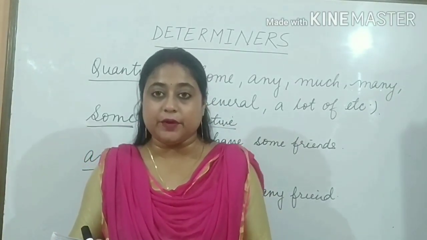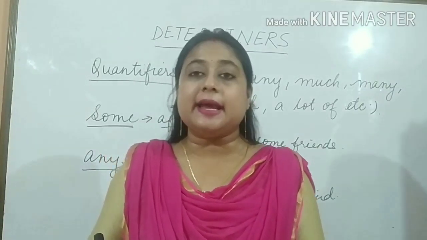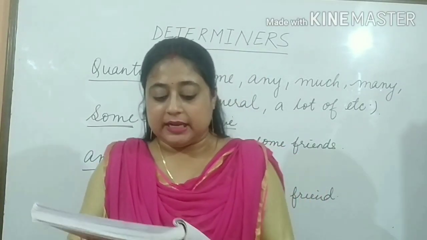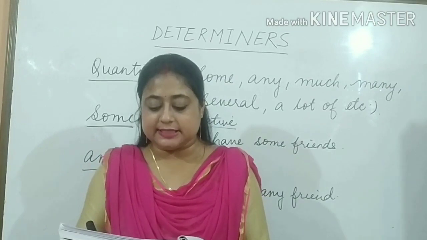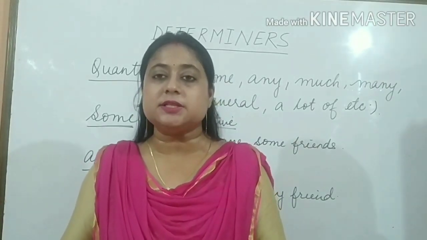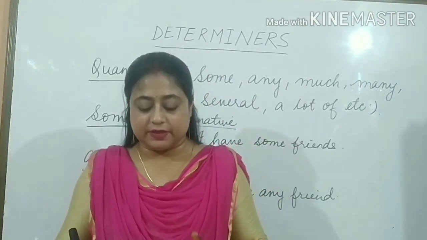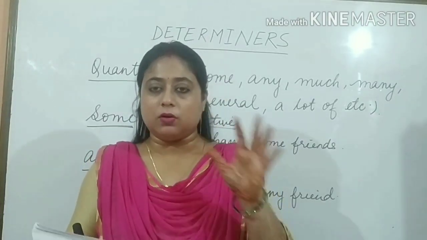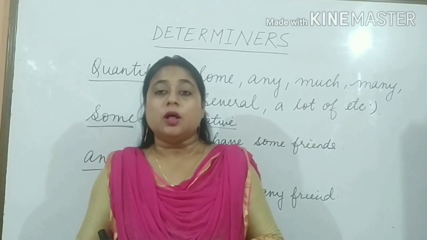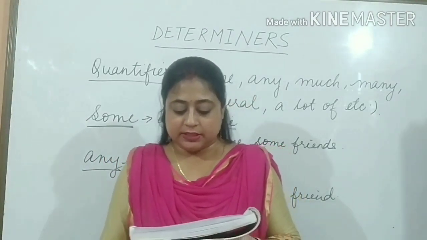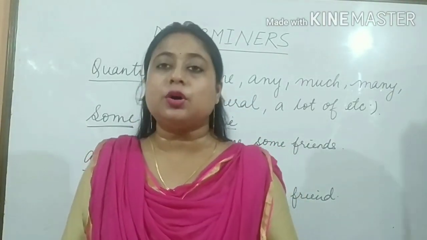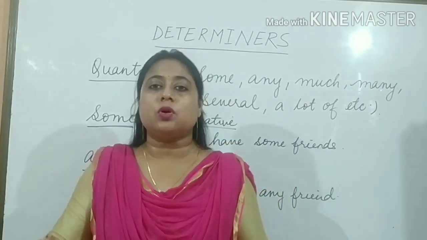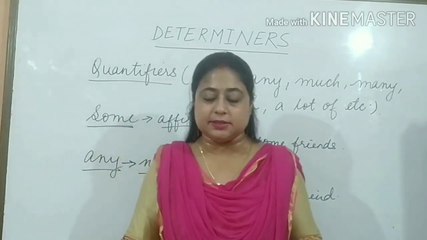Next is a few. It is used for at least some. Last evening I went to the city center with a few friends, means at least some friends were there. And the few means all of them, means almost the entire quantity. The few trees left at the hillside do not bear fruit, means almost the whole trees.